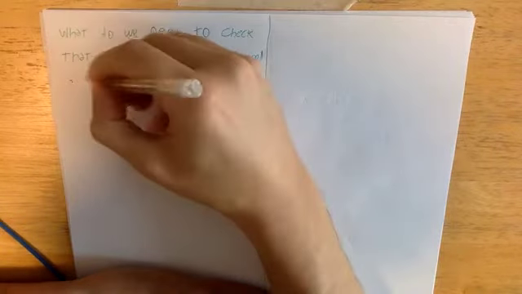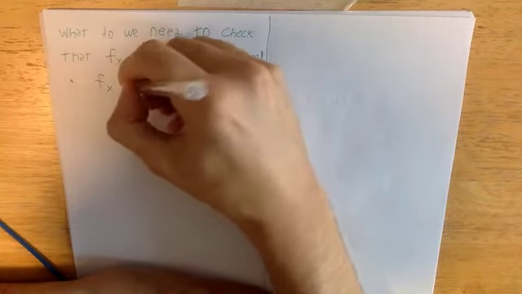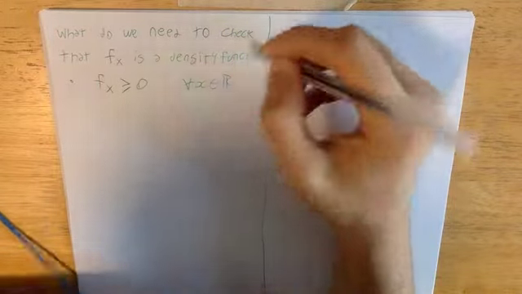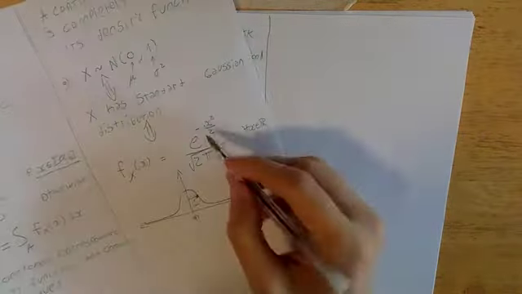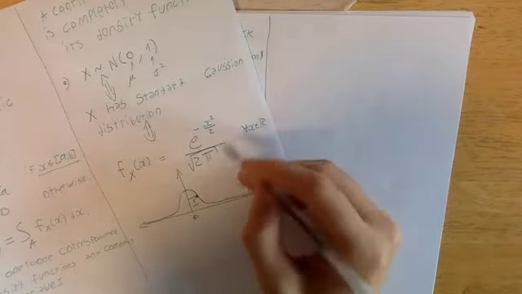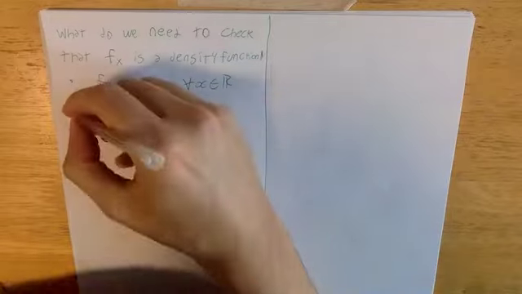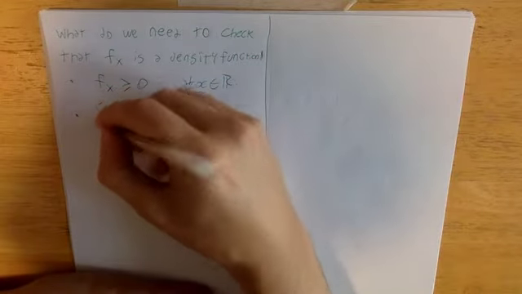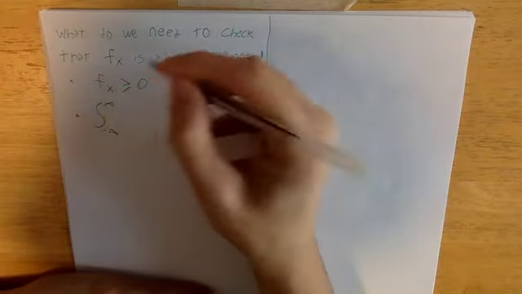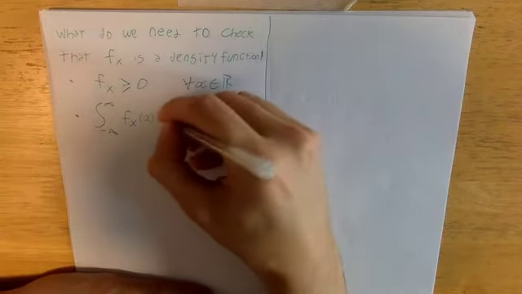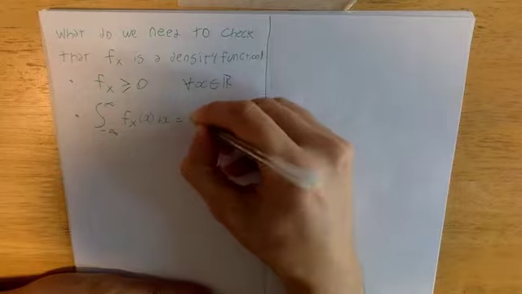One is that f(x) is positive for every x in R, which it always is: an exponential of a number is always positive, divided by the square root of 2 pi is positive. And the other thing that we need is that the integral from minus infinity to infinity of f(x) dx is equal to 1.